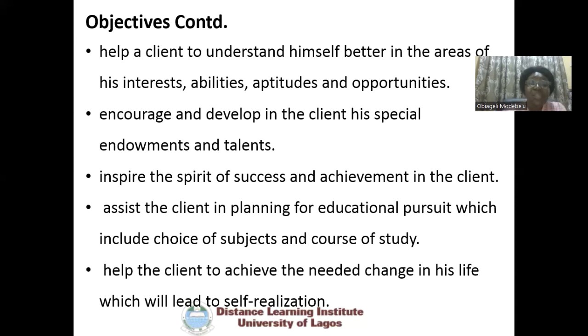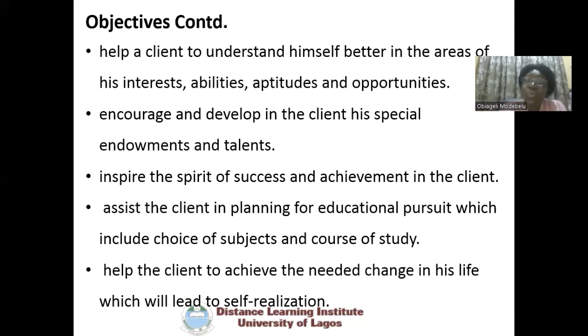It also assists the client in planning for his educational pursuit, which may include his choice of subjects. Sometimes students are confused. They don't know the subjects to choose. They don't even know the course of study that they're supposed to pick, maybe in their JAMB.